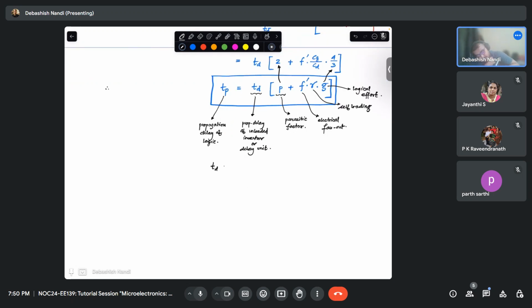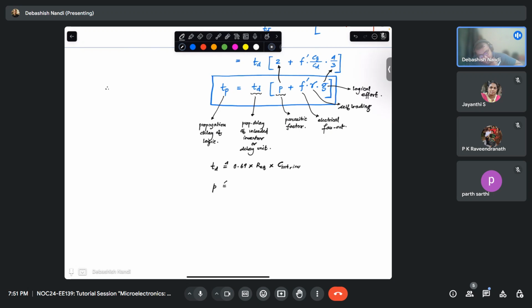So now the definition of TD is nothing but 0.69 times R equivalent times C internal of inverter.